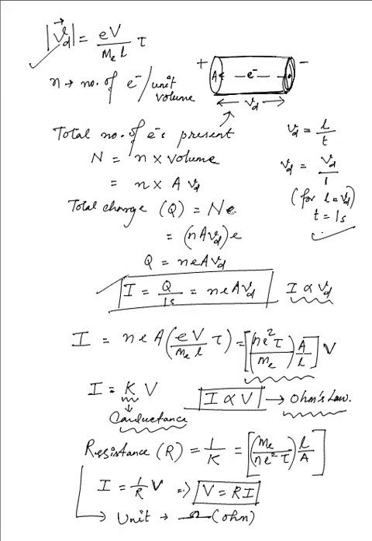For conductance, we have the unit as ohm inverse, or even it is written as mho, or we can say it's also Siemens. So these are the units of resistance and conductance. Then further, looking into the bracketed term over there, we can take it to the next page.